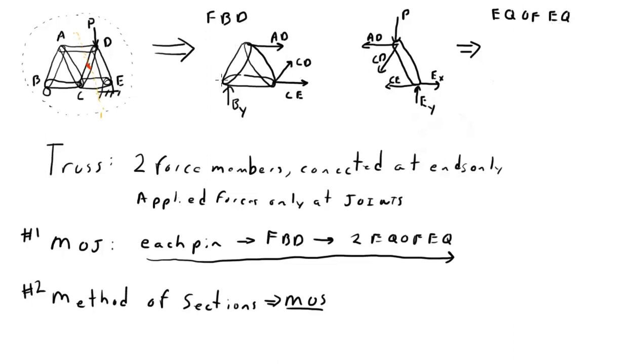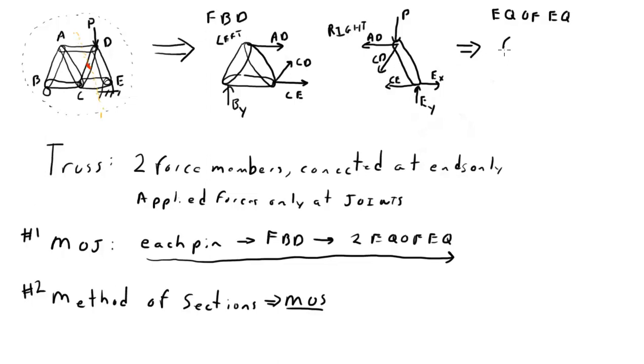Now, this is a rigid member, or a rigid body, in 2 dimensions. That means I can write 3 equations of equilibrium for, let's call this, the free body on the left. And I can also write 3 equations of equilibrium for the free body on the right side, right?